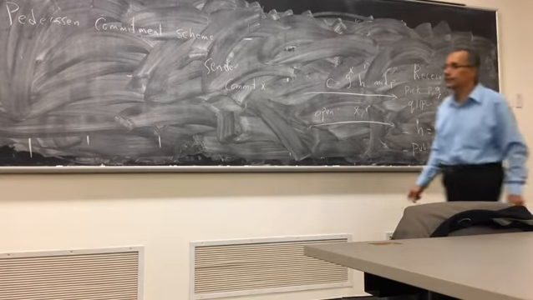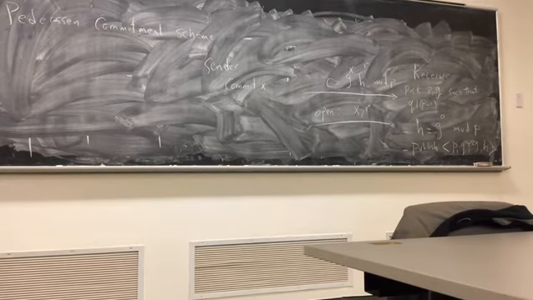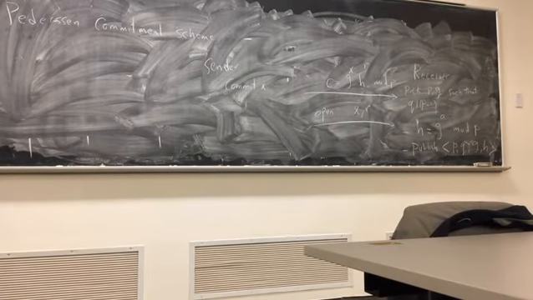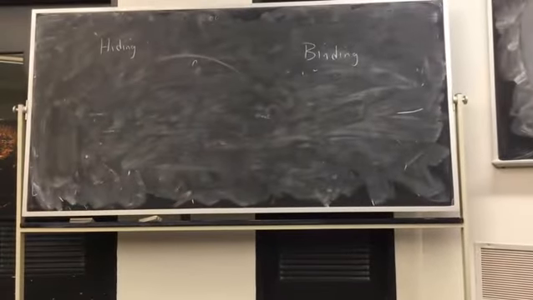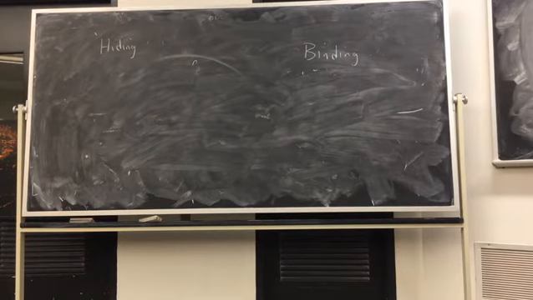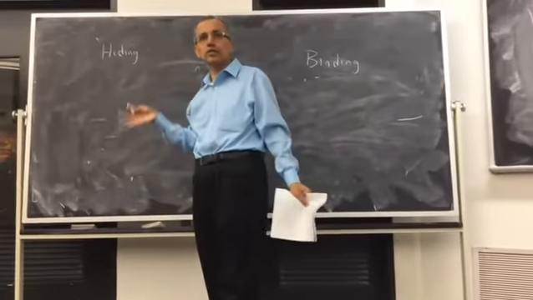So now I have the hiding property and I have the binding property. And last time we said I can satisfy these two properties at two levels. The extreme level is that I assume my adversary has unlimited computational power.